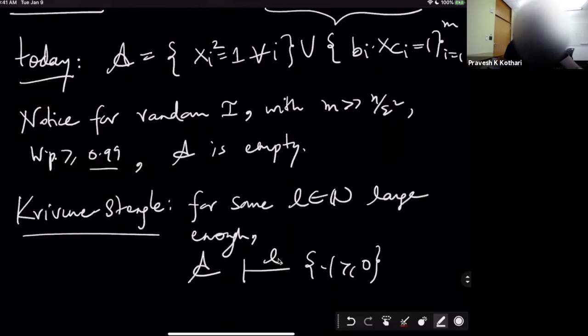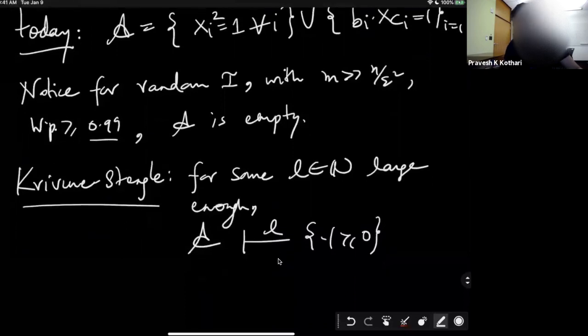Now, of course, for proving this statement you don't need Krivine and Stengle. You can give a very standalone proof on the hypercube for this fact; L equals 2n, in fact, would work. But as a special case of this deep theorem that we stated today, Krivine and Stengle also promise us that there is such a refutation, and we can ask, is there a low degree refutation? Can I choose L significantly tinier than n, and still ensure that A can be refuted?